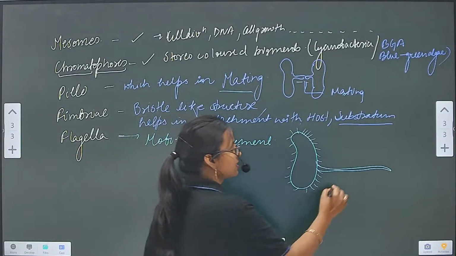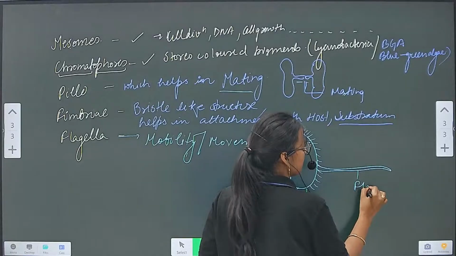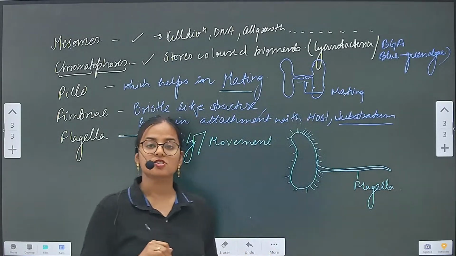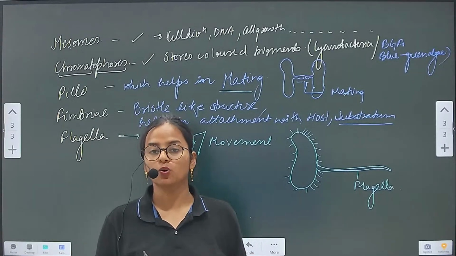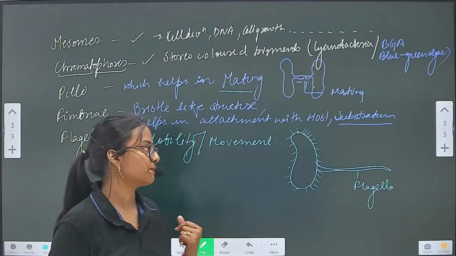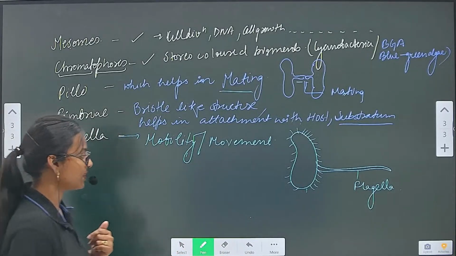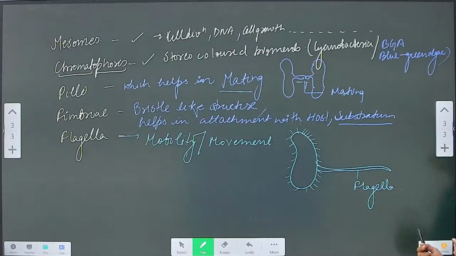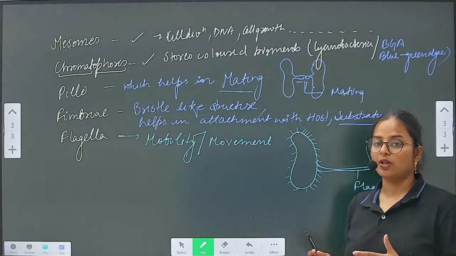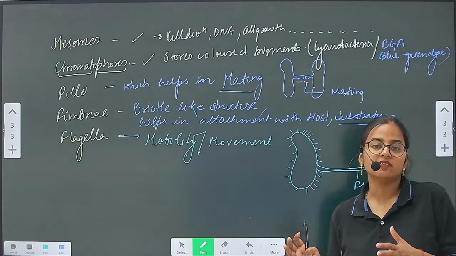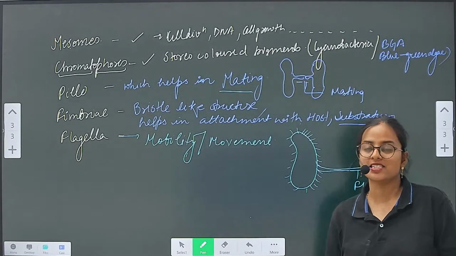This is simply flagella. Is that clear? So these are about the extensions of cell membrane which play a role in performing various activities in case of bacteria. I hope you all are clear with the concept. Just note it down and then we'll proceed with a very important structure that is exclusively found in prokaryotes, that is plasmid.